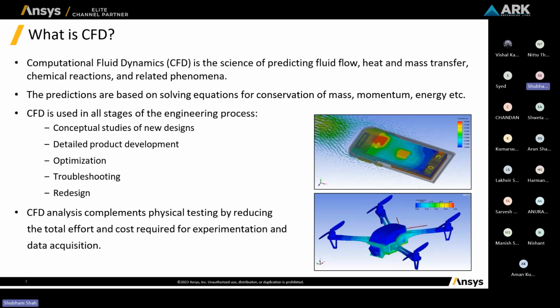You can also use it for optimizing and troubleshooting. Let's say you have developed a component and you are seeing a thermal failure, or say there is a CPU which consists of an SMPS box, and the heat generation in the SMPS box is higher than it should be. In that case, you are exceeding your maximum thermal limits, and troubleshooting will help you.